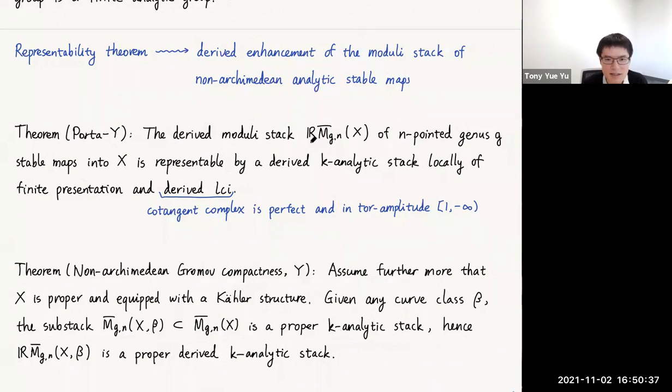And hence, when we equip it with the derived structure, we obtain a proper derived analytic stack. This R just means derived.